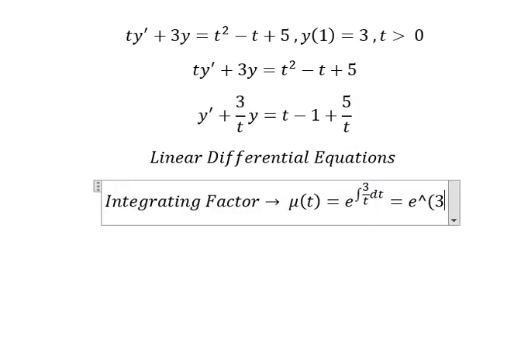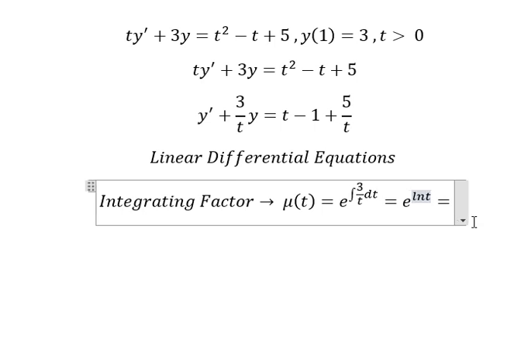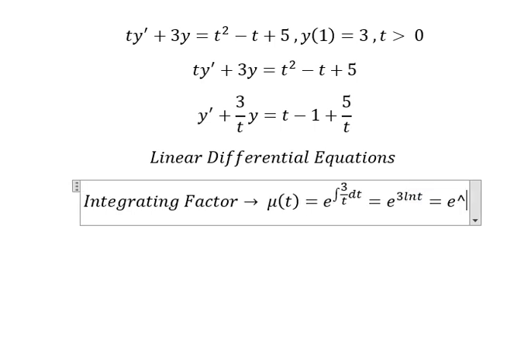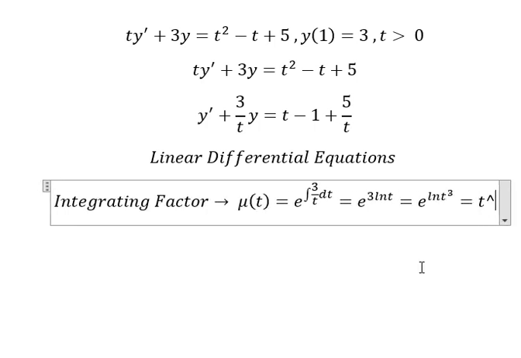And we have 3 over t. And now I will put the number 3 inside the natural log in here. And we have t to the power of 3.